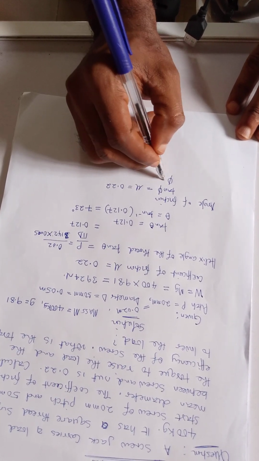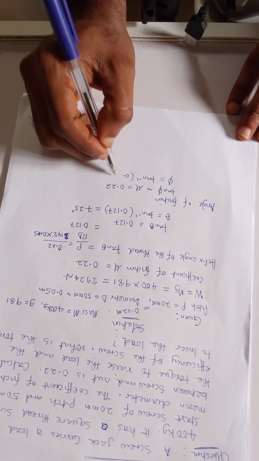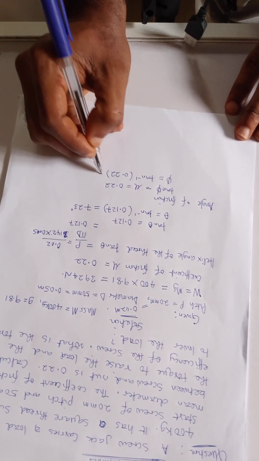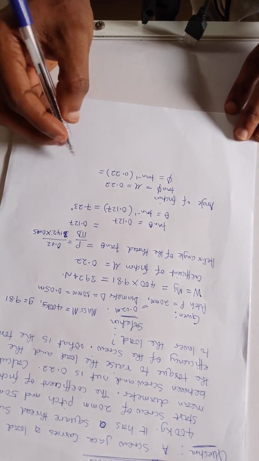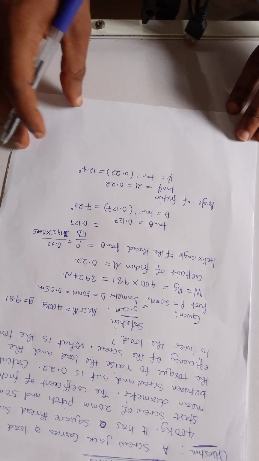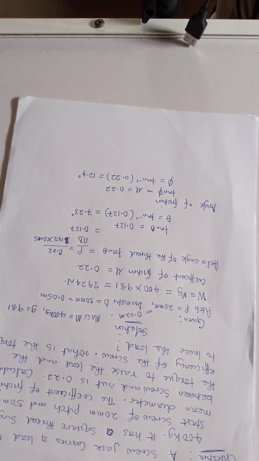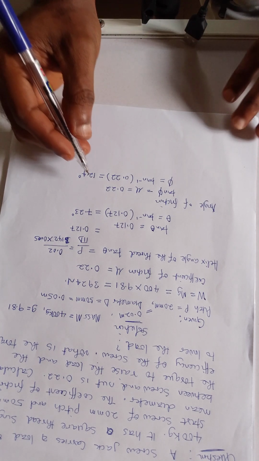Because we are looking for phi, our phi will be tan inverse of 0.22. Punching our calculator, we have 12.4 degree. With that, we can start finding first the torque to raise the load, then secondly the efficiency, and then lastly the torque to lower the load.